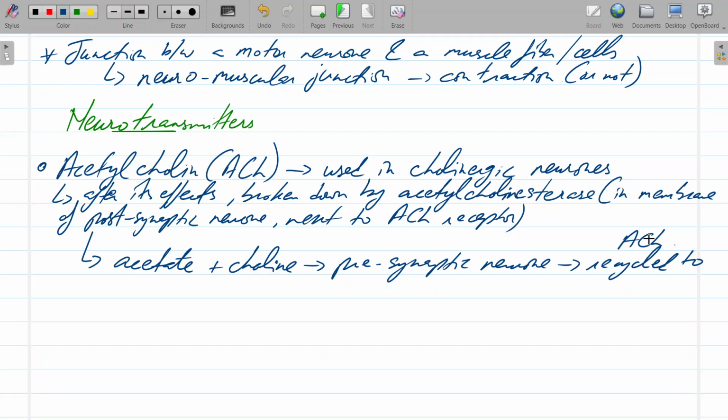ACH, or acetylcholine, is used in all motor neurons and the parasympathetic nervous system.